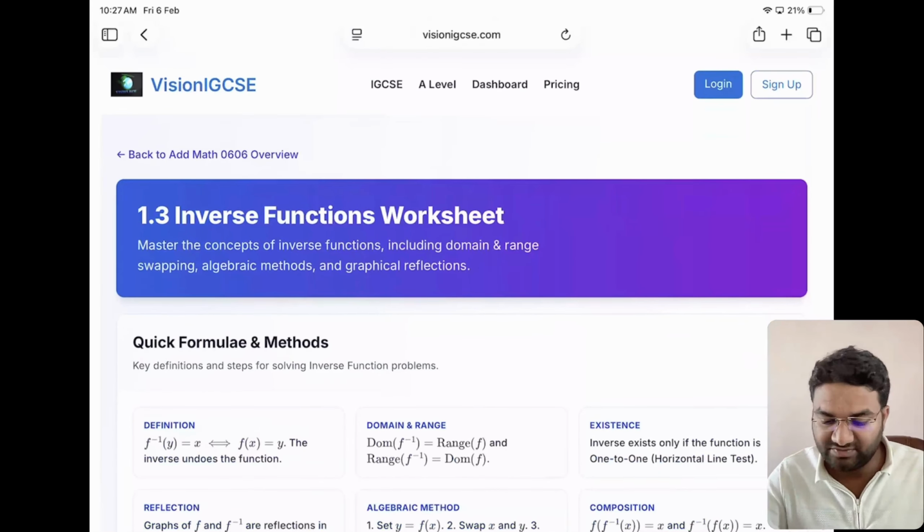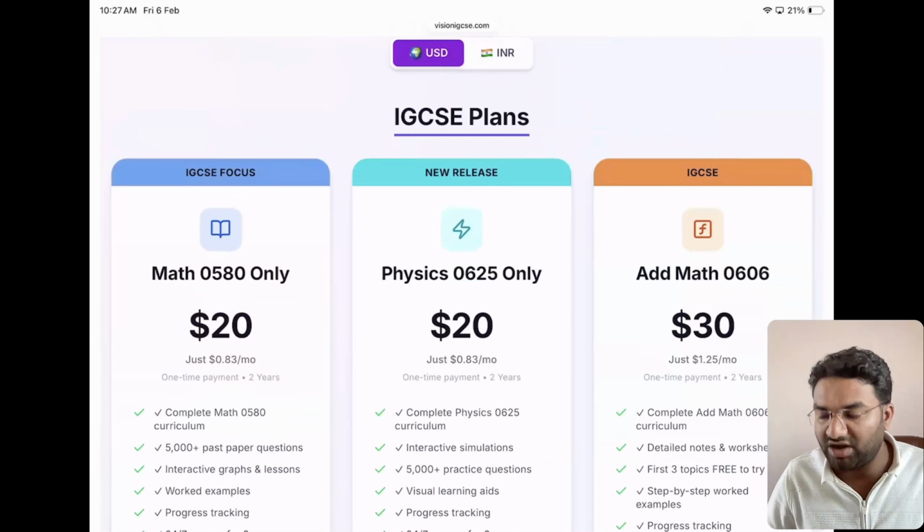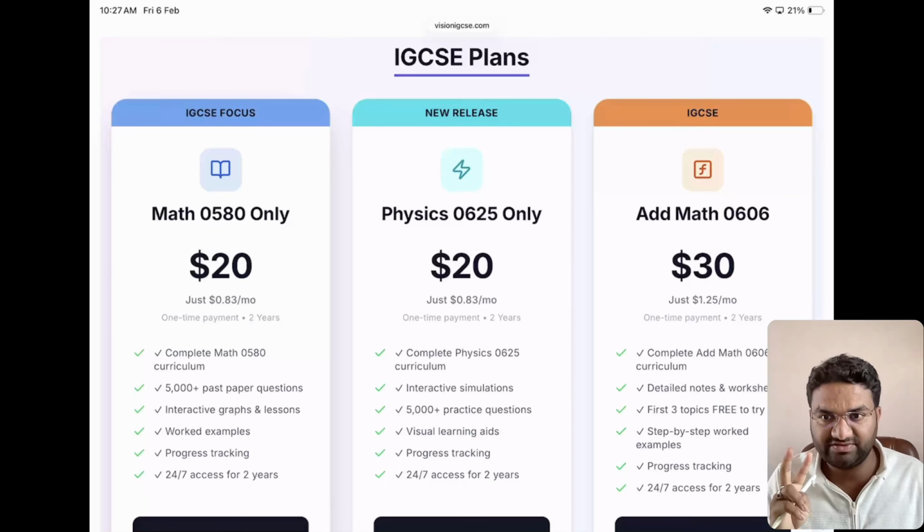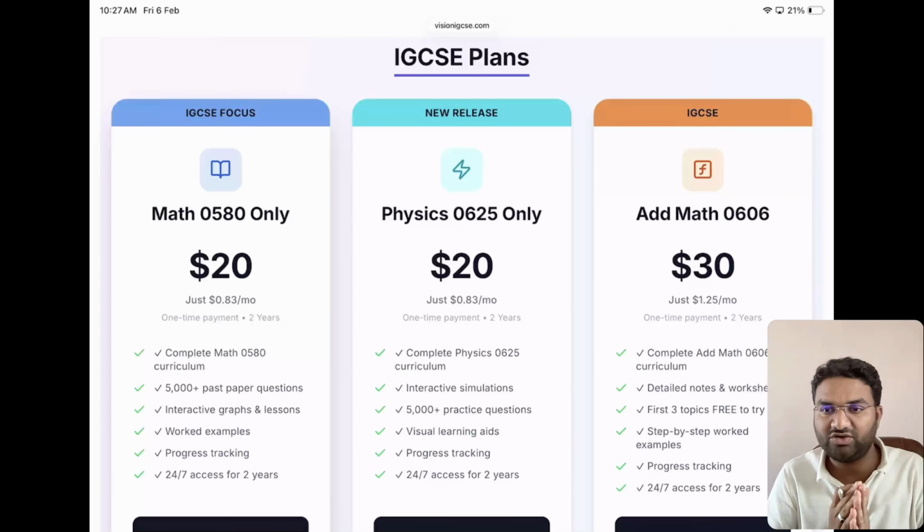And this is the Add Math part. It's $30. If you pay it, you will get 2-year access. For our students, it's free of cost. We are providing these things, but if you access from the website also, that's a great help for all the notes and things like that.